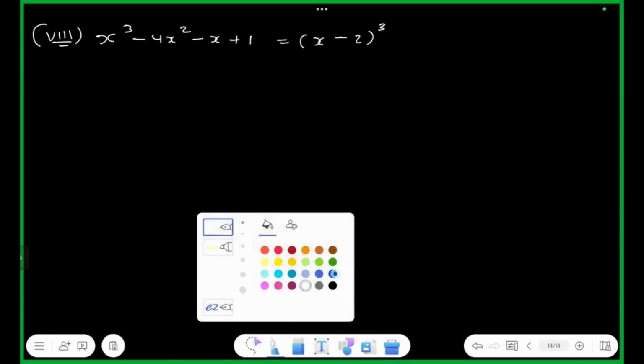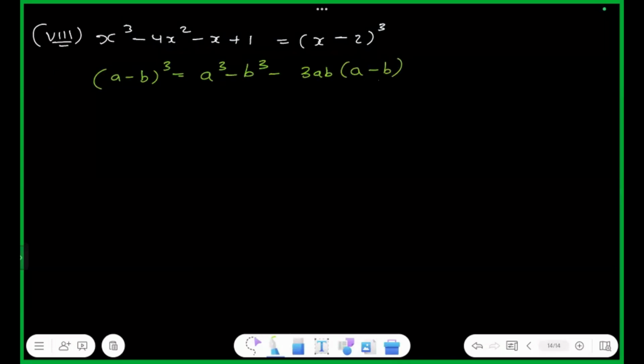Look at question number 8. Question number 8 is x cube minus 4x square minus x plus 1 is equal to x minus 2 whole cube. Here also we will use the same identity to expand x minus 2 whole cube. What was our identity again? It was a cube minus b cube minus 3ab, a minus b.